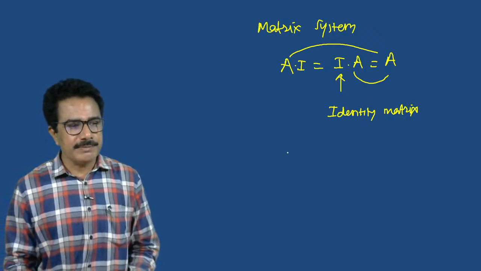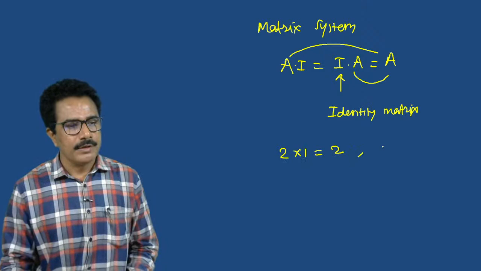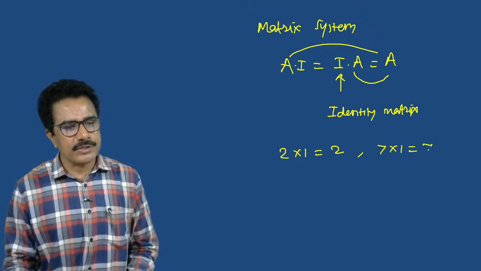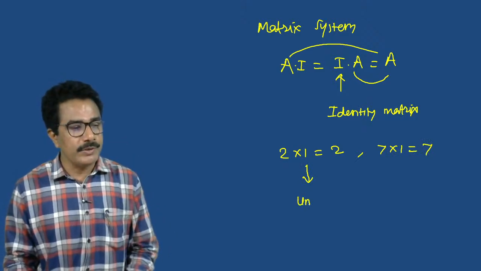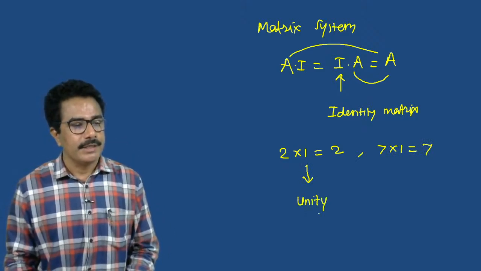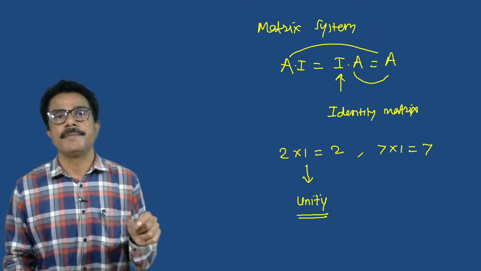In number system, 2 into 1 is equals to 2, 7 into 1 is equals to 7. So in this case number 1 is called unity. In the number system, multiplicative, that is unity.